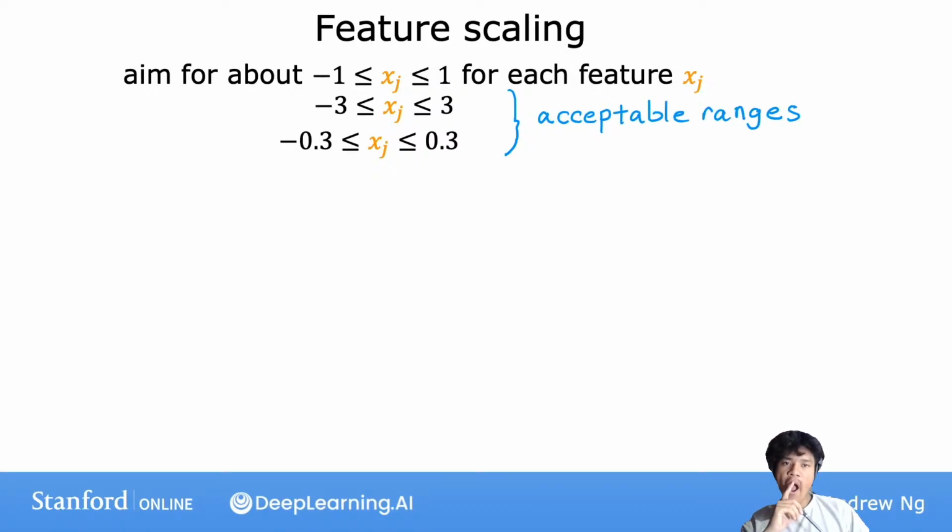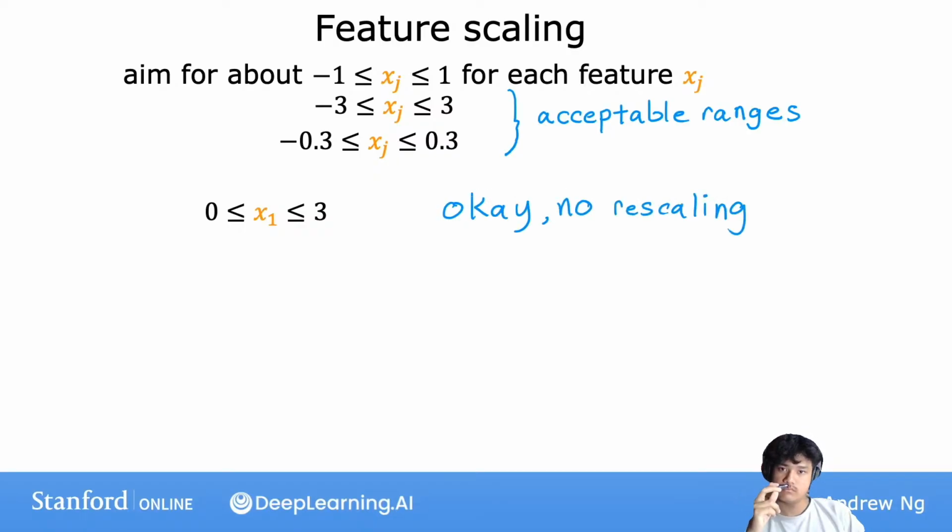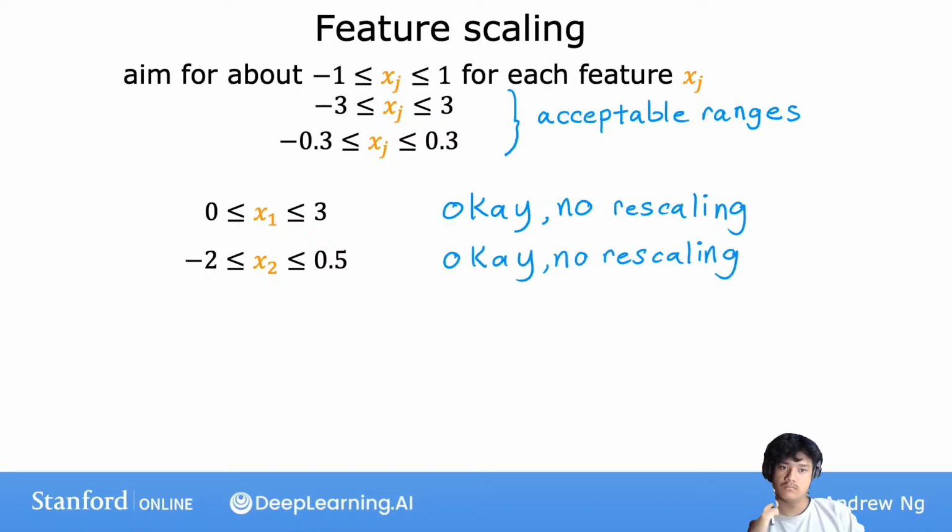So if you have a feature x1 that winds up being between 0 and 3, that's not a problem. And you can rescale it if you want, but if you don't rescale it, it should work okay too. Or if you have a different feature, x2, whose values are between negative 2 and plus 0.5, again, that's okay. No harm rescaling it, but it might be okay if you leave it alone as well.